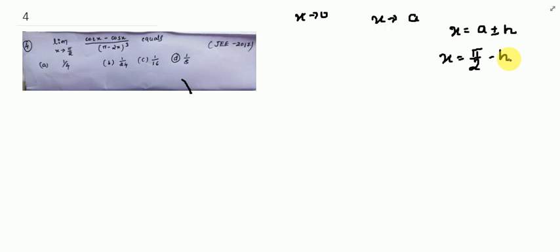For all those problems in which x is not tending to 0, better you substitute x equal to a plus or minus h. Sometimes it will be plus h, sometimes minus h. Here, if x tends to pi by 2, h tends to what? h tends to 0.